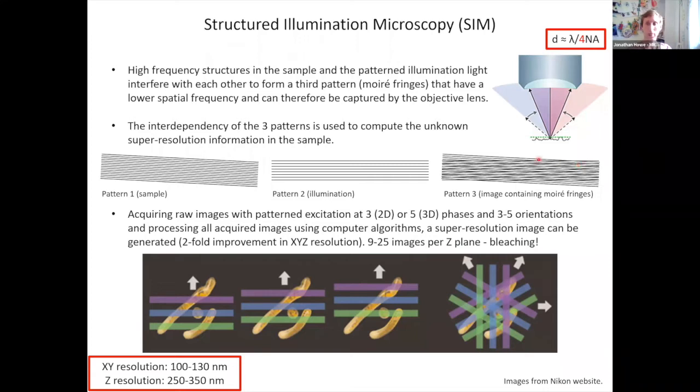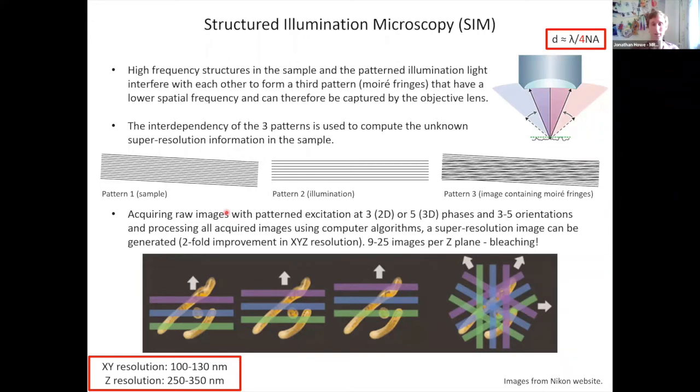And because we record this SIM image, pattern 3, and we have a knowledge of pattern 2, we can compute what pattern 1 was. But in order to do this, we have to take quite a lot of images. So it's no good just taking one, because you would just end up with a stripy image, and the patterned illumination is inherently orientated in a particular rotational angle.